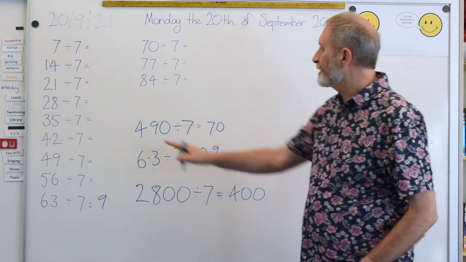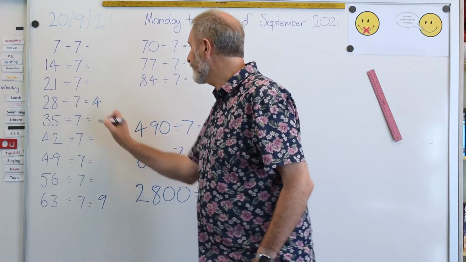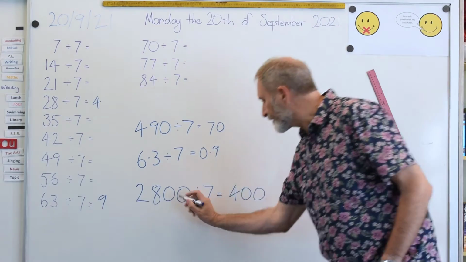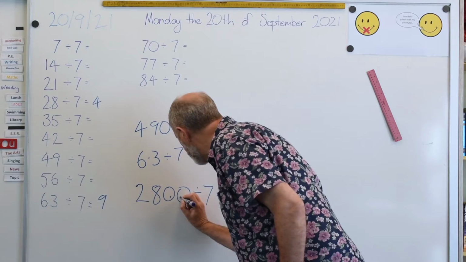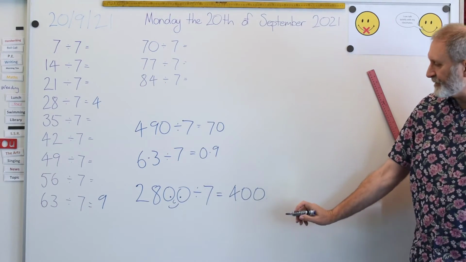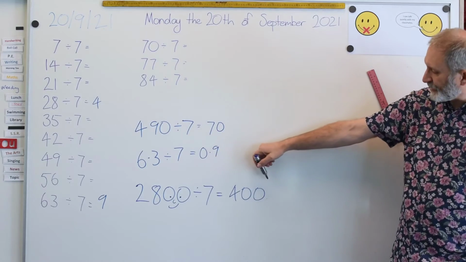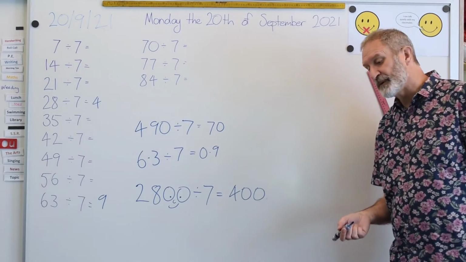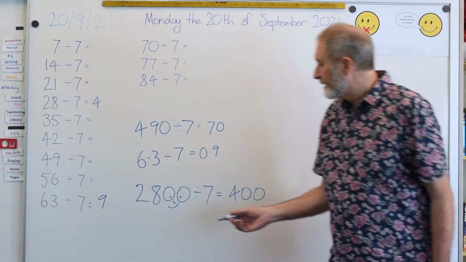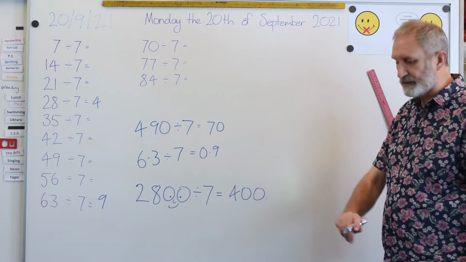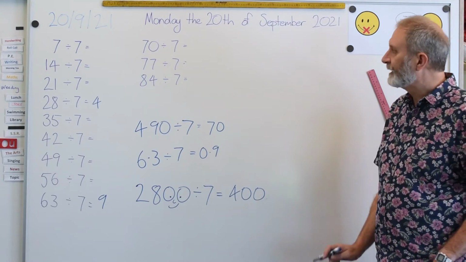We know that 28 divided by 7 is 4, right? So 2,800, I've got 2 extra zeros there, so my answer will also have those 2 zeros, won't it? So it's a place value question more than a basic question. 2,800 divided by 7 is 400. Perfect answer. I like the way you did that.